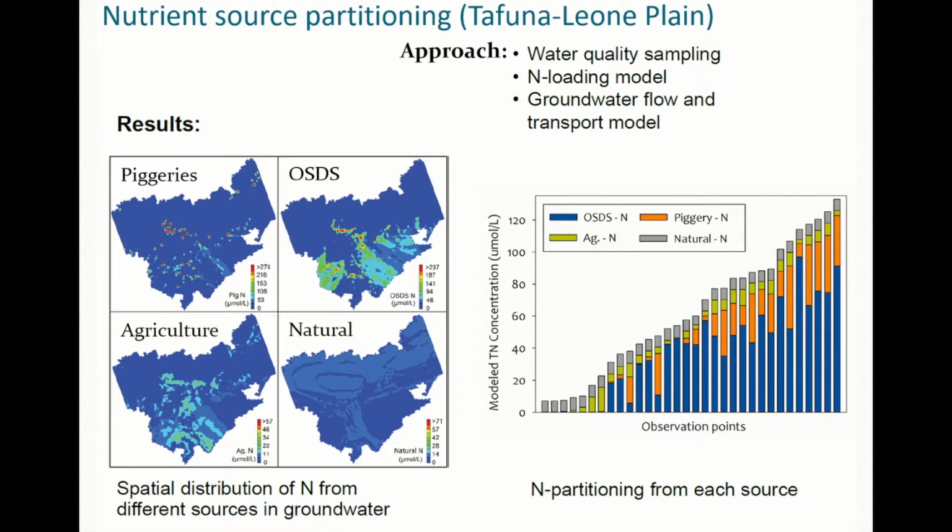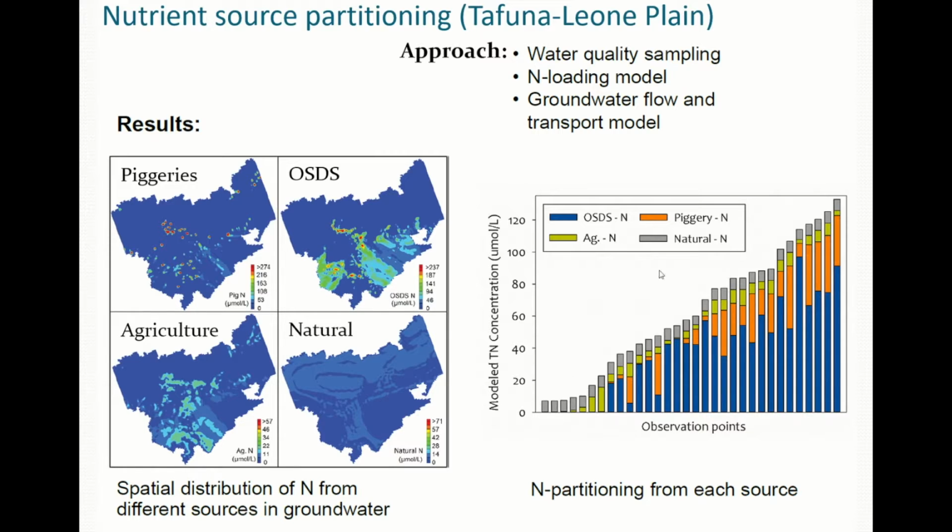Then another study in American Samoa had to do with assessing relative sources of contamination based on different sources. So American Samoa, Tutuila, have septic systems, they have agriculture, they have piggeries, and there is also natural contamination likely from the conservation lands.